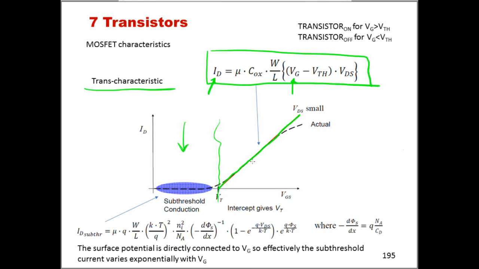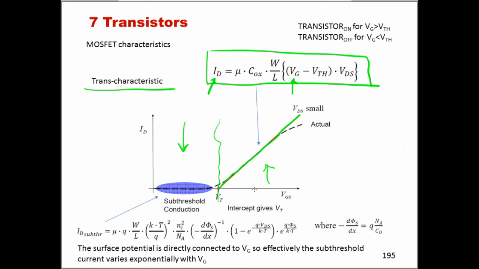When instead the VGS is bigger than the threshold, we are in this regime, and so the transistor is on. And so we can be either in a linear regime or a saturation regime, depending on the specific value of VDS.